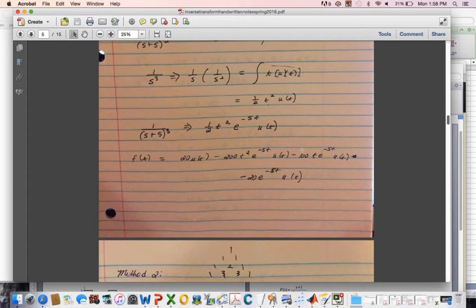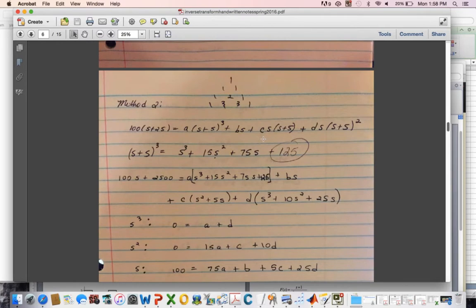But then for each order of root, we generated a multiplication by t. So if it were a second order root at a, we would generate t e to the minus 5t. If it were a third order, a t squared e to the minus 5t. So we talked a little bit about that when we talked about higher order differential equations.